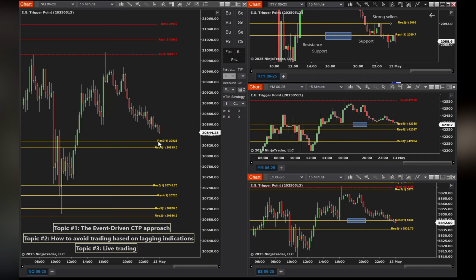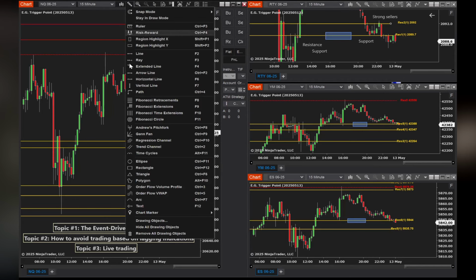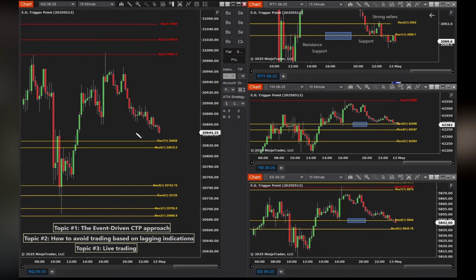NQ, this was the support line, but when I looked at YM and RTY and ES, I identified that NQ made what I called a market shift. So this support line, resistance line of NQ shifted a little. This is what I call an intraday support equivalent to RTY, YM, and ES.